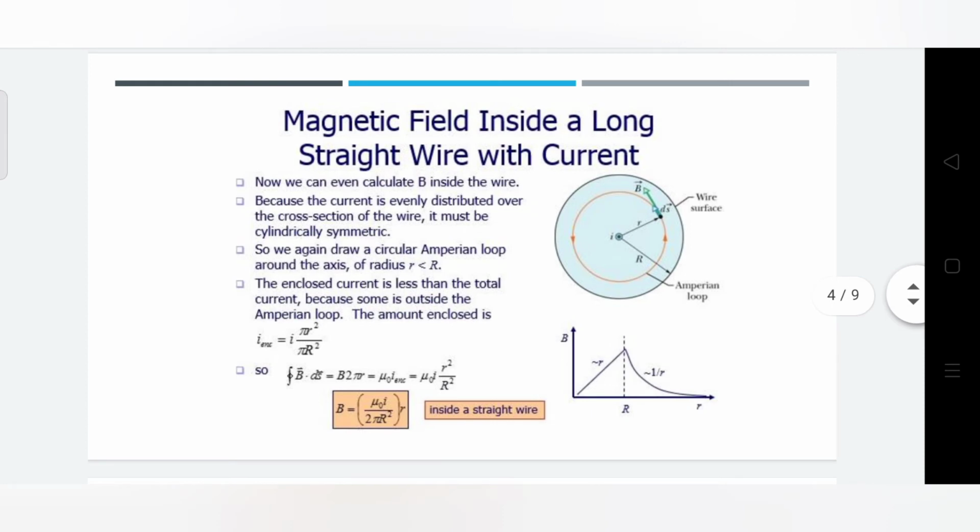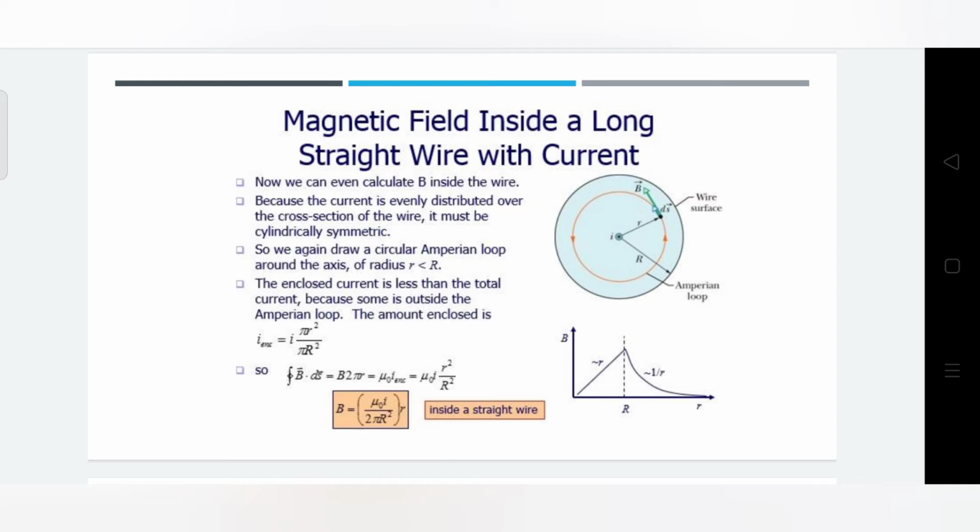Next is the magnetic field inside a long straight wire with current. Now we can calculate B inside the wire. Because the current is evenly distributed over the cross section of the wire, it must be cylindrically symmetric. So we again draw a circular Amperian loop around the axis of radius small r, less than capital R. The enclosed current is less than the total current because some is outside the Amperian loop.